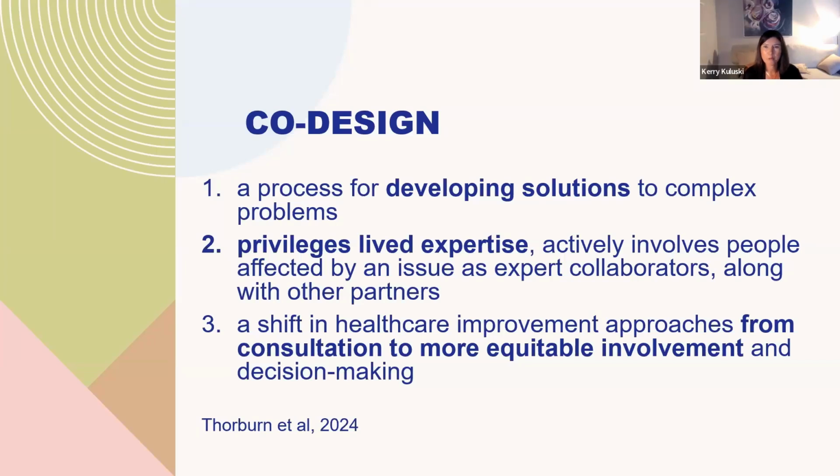Ideally, whatever you're working on, you're going to work with people that are directly impacted by the problem you're trying to solve, in addition to people that have the power and interest in making a change, who are able to implement what you're designing. And it also represents a shift from consulting with partners to more equitable decision making. If you think of a continuum of engagement, you're moving from asking people questions, getting feedback, doing surveys, et cetera, to actually coming together as a group to think through and solve problems together.